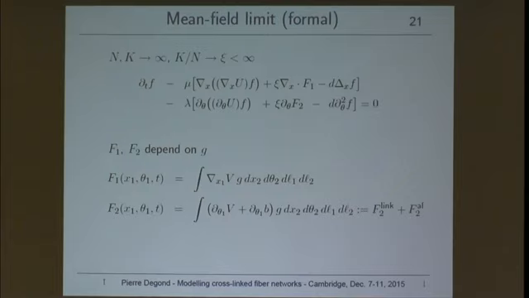Now in the contribution of the crosslinks, we have two terms. We have a term which comes from the restoring force, so essentially the maintenance of the crosslinks, which is the term involving the crosslink potential, this quadratic potential that tells you that the two positions of the crosslink should join.